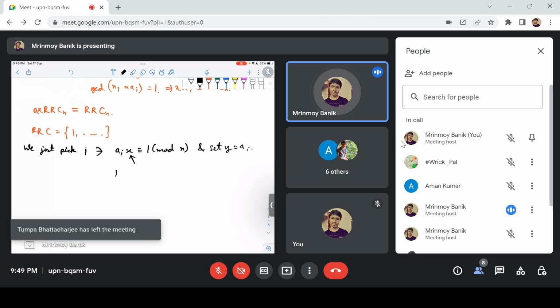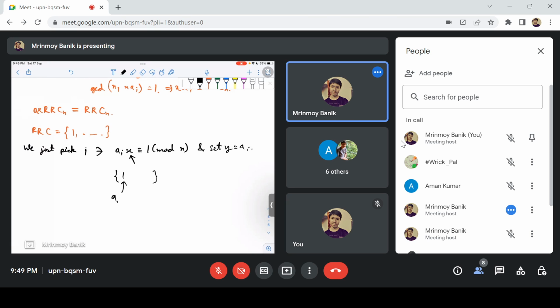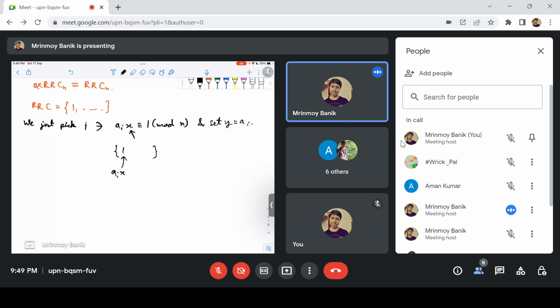Since the result is a set which has 1, the corresponding a_i, which when multiplied by x gives 1, is the inverse of x. So we just proved the existence of a_i. We didn't necessarily find a formula for back computing a_i, right? So this direction is proved.